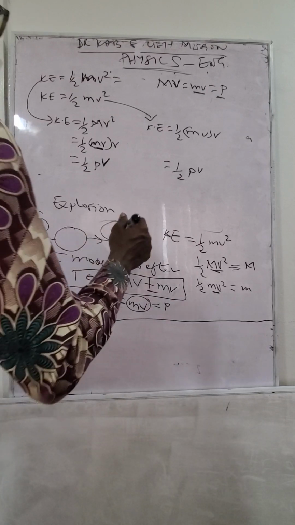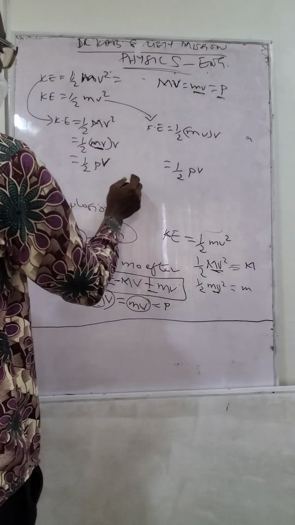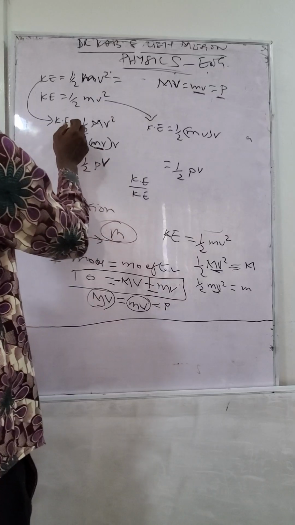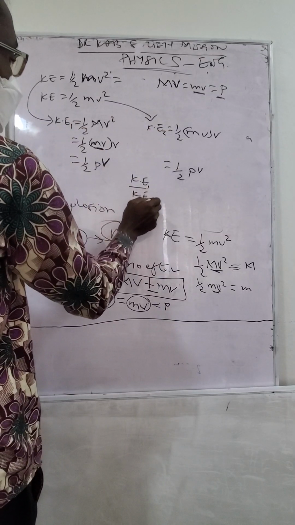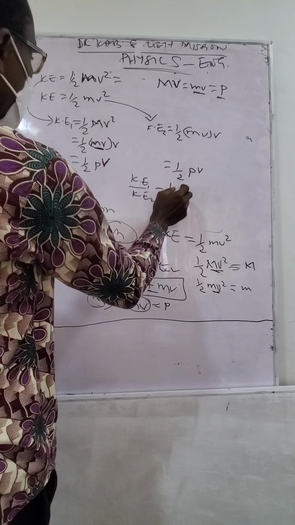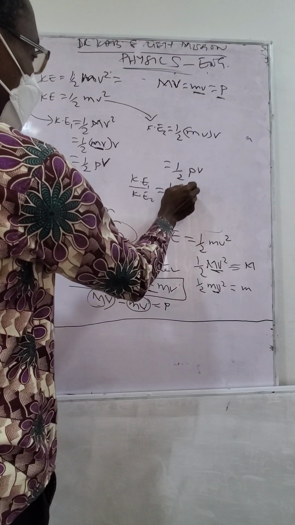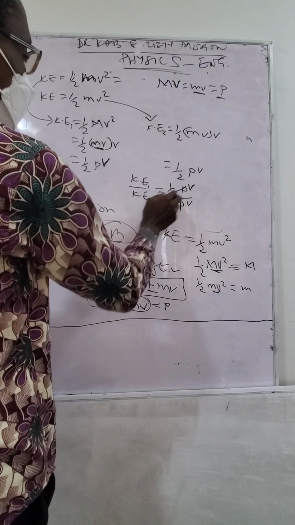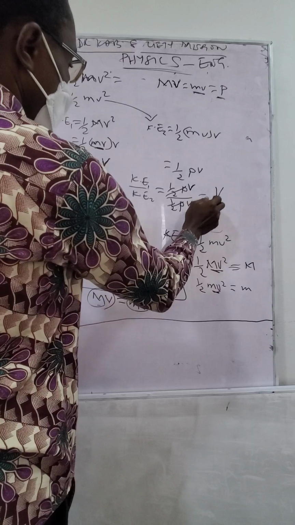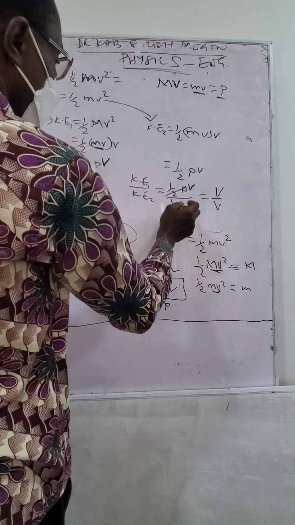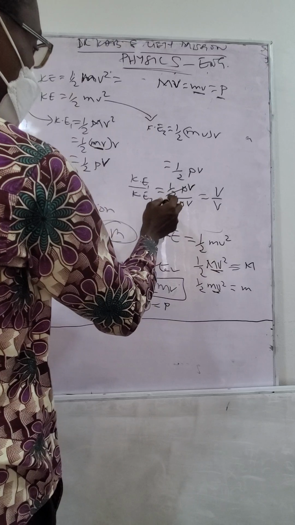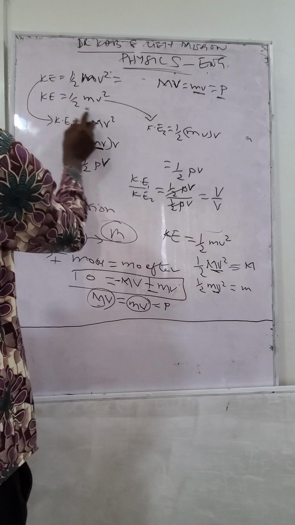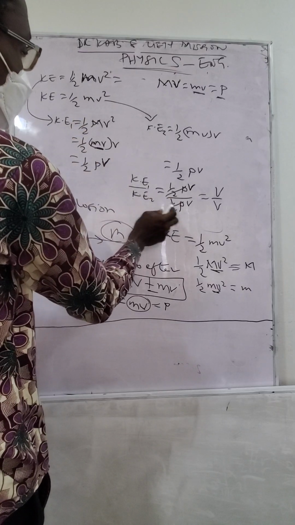If you divide them, then KE1 over KE2, this one will be 1 over 2, half P capital V over half P small v. This is going to cancel, and that's going to be capital V over small v. That's equation 1, and that's equation 2.